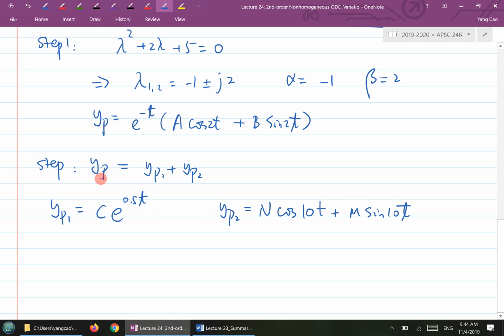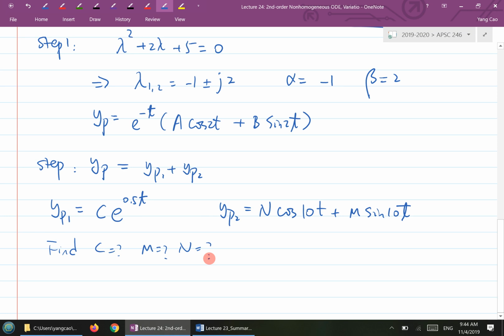Now from here you have two choices, and I'll show you. I want you to use a simpler one. The next objective is to find c, m, and n. So this is what you need to find for this yp1, yp2.